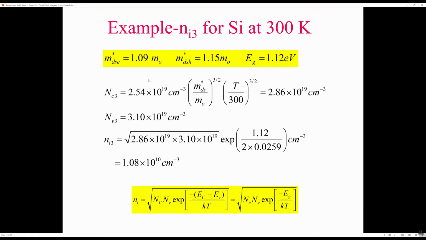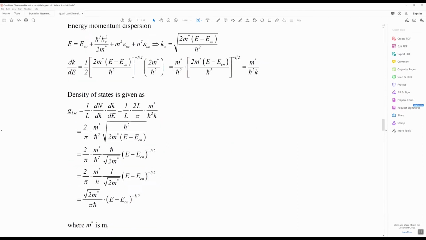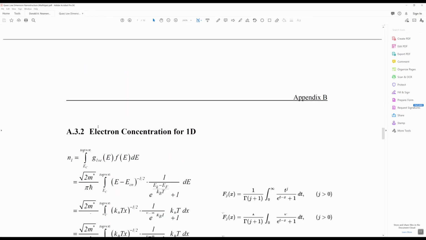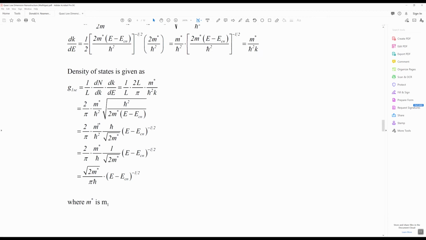So first of all, you have to find out this value 2.54. If it's given here, I think the value hasn't been multiplied with this m star yet. This is the value before this m star, which means if I go back to this value here, 3D, there's the density of states here.